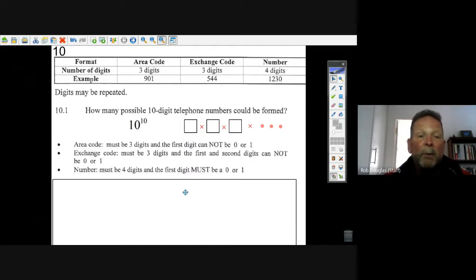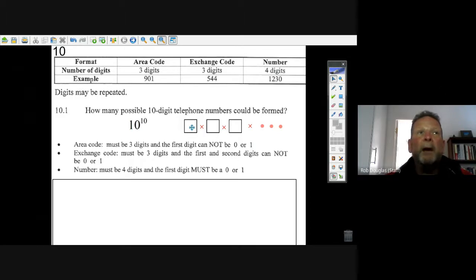Now, they say, what would happen if we had some restrictions on the area code, on the exchange code, and on the number? Let's take a look at these restrictions. It says the area code must be 3 digits, but the first digit cannot be a 0 or a 1. So you go right to that first digit and you go, okay, it can't be a 0 or 1.